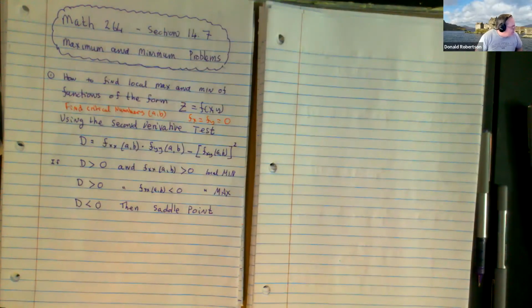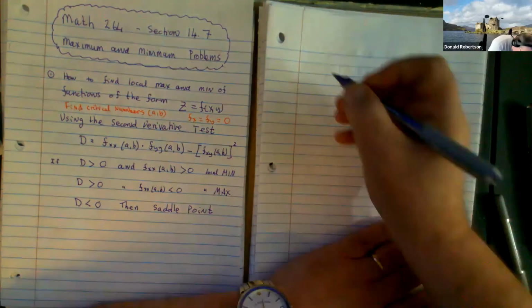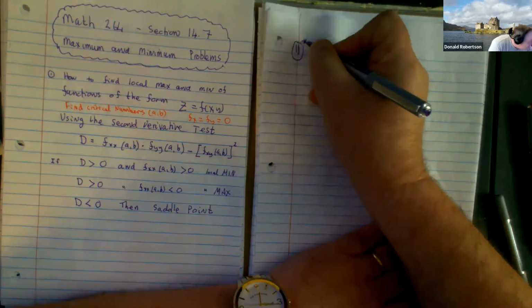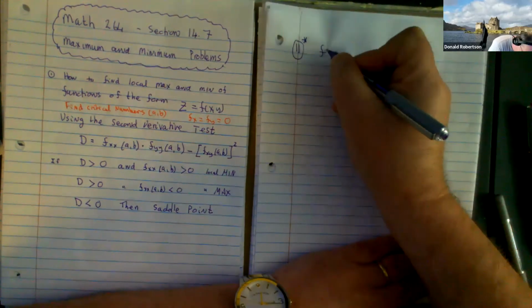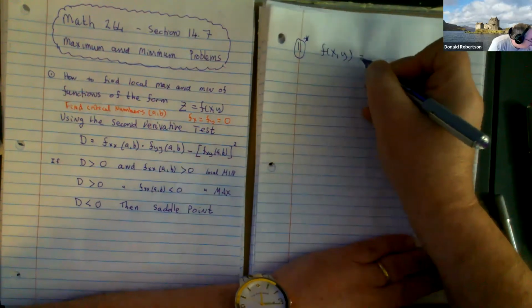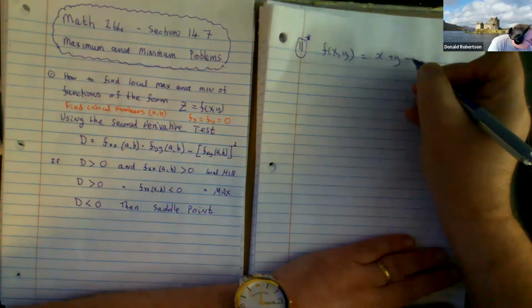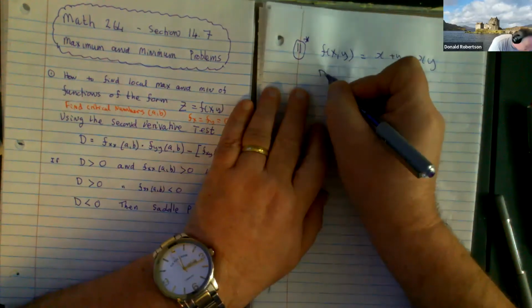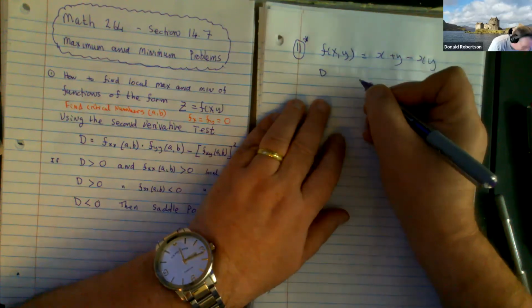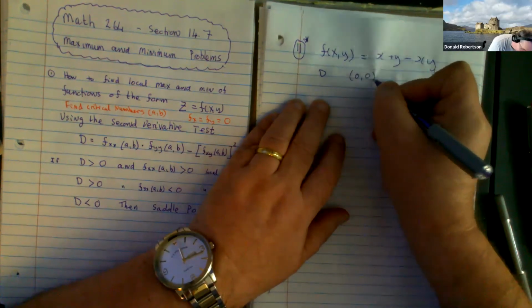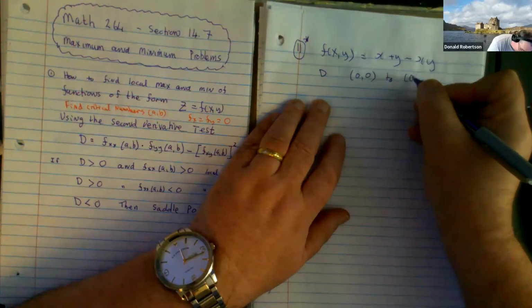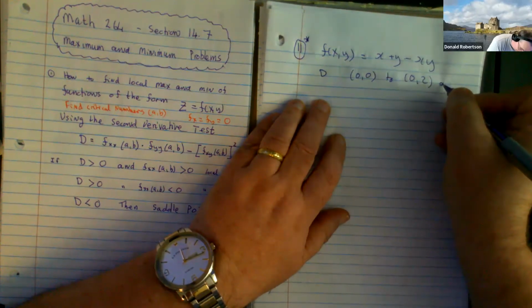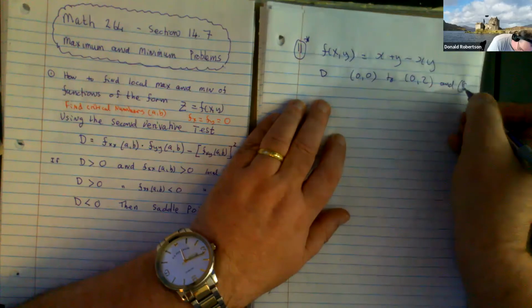So let's see if I can find a constraint. Okay. Question 11 is: what is the absolute maximum and minimum value that that function will take if the constraint, which they're calling D, is a triangle joining the points (0,0) to (0,2), and then to (8,0)?